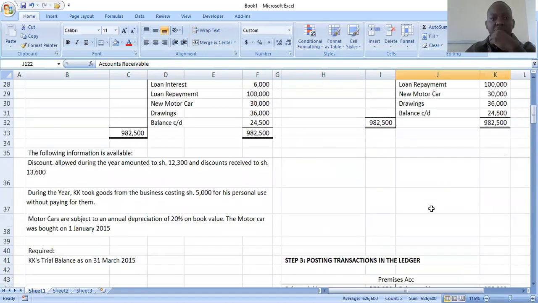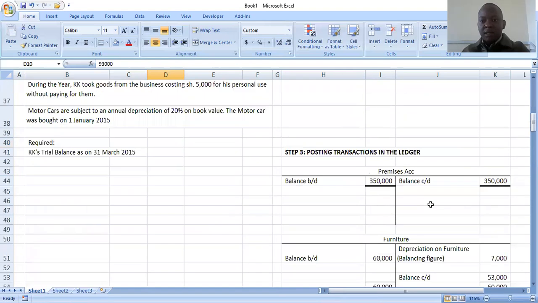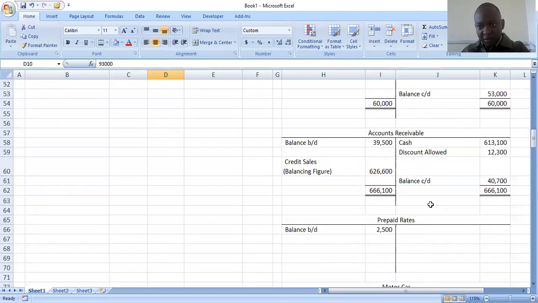Then we proceed to the other balance, accounts payable. The balance of accounts payable is 9,300. Accounts payable is a liability, and liabilities always have a credit balance.